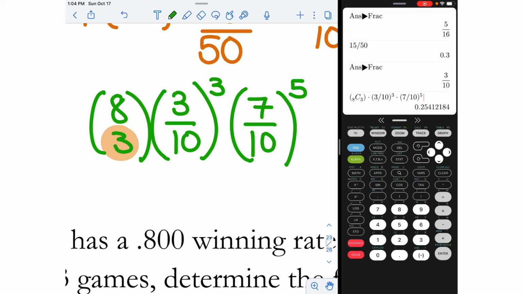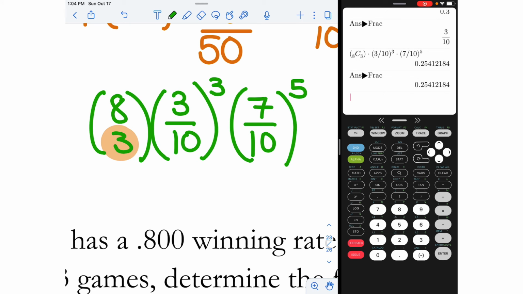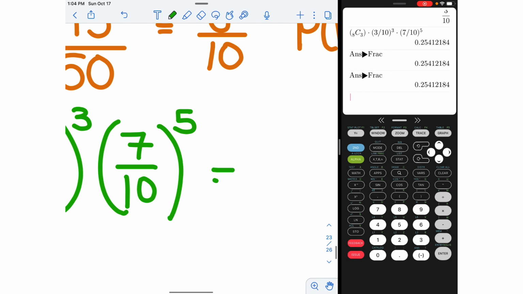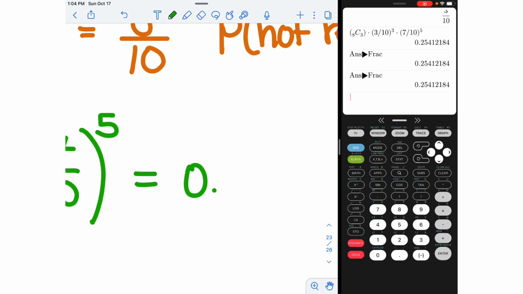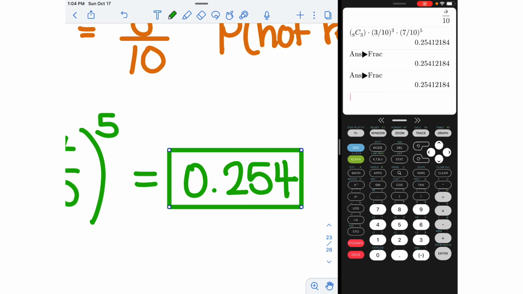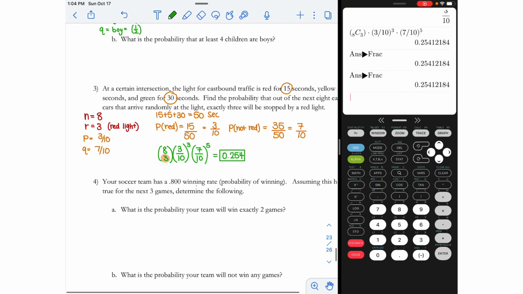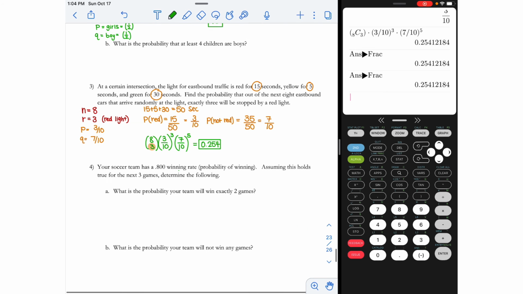Look at how I typed that in my calculator, exactly the way I wrote it on paper. Okay, it's not turning it into a fraction for me, so I am just going to leave this as a decimal. 0.254. Beautiful. That's the answer.